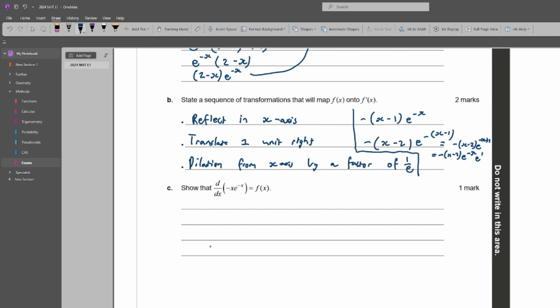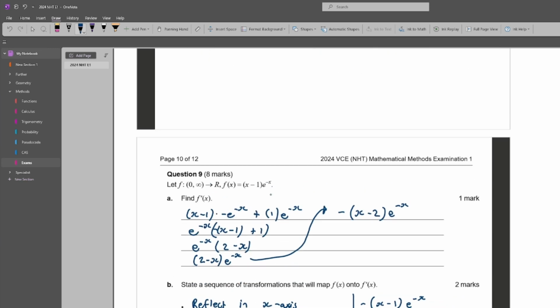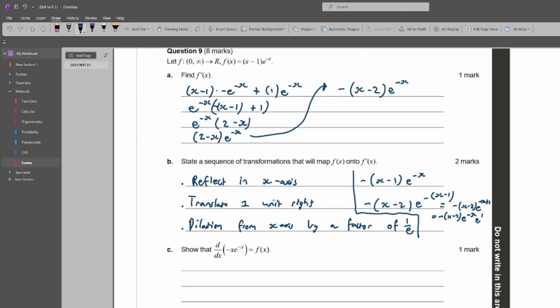Hopefully that's right. Show that the derivative of this is equal to f of x. Product rule once again.